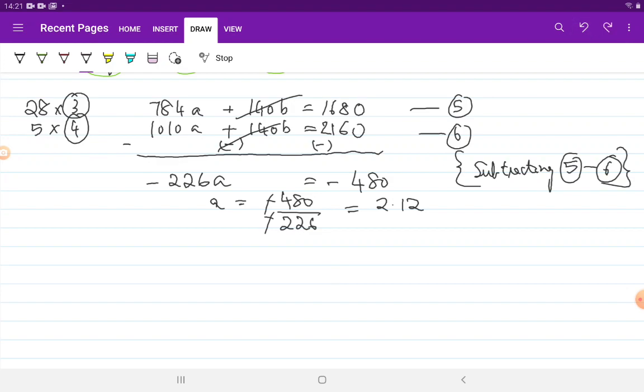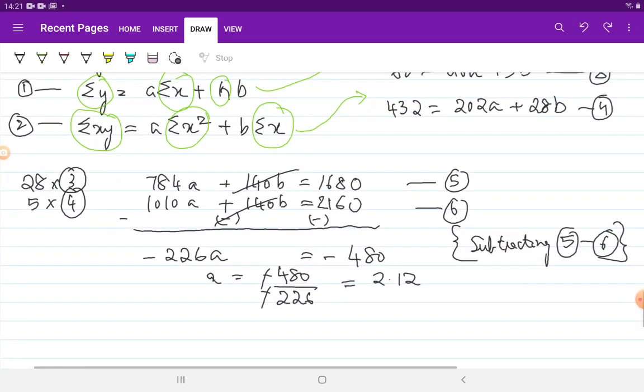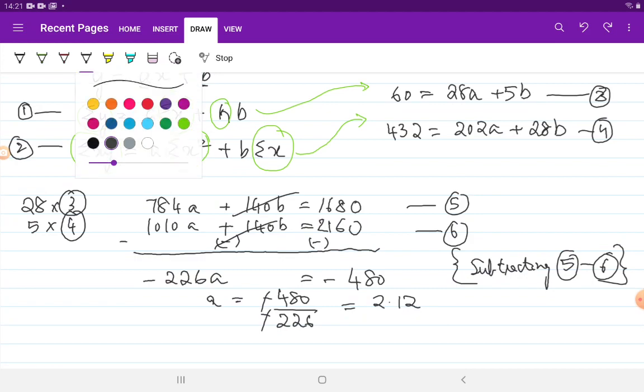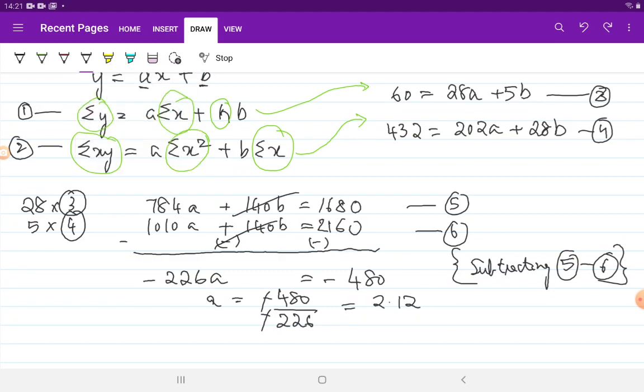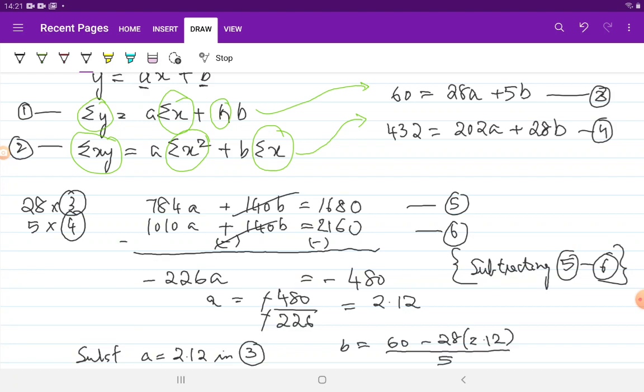To find the value of b, just substitute a equals 2.12 in any one of the equations above. So say, substituting a equals 2.12 in equation 3, I will get b as equal to (60 minus 28 times a, which is 2.12), whole divided by 5.